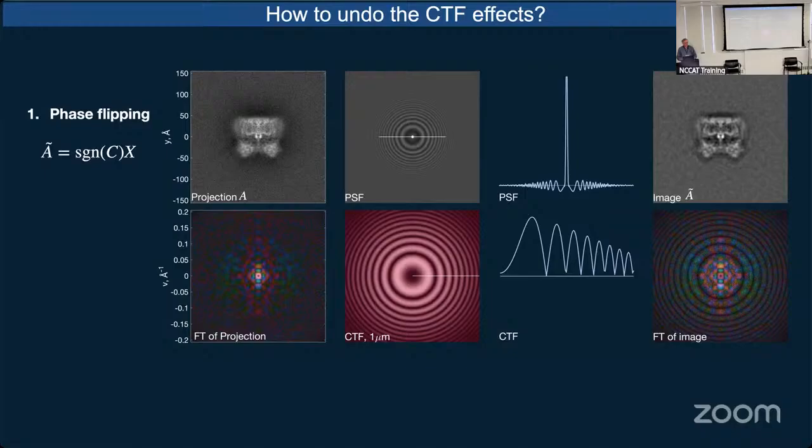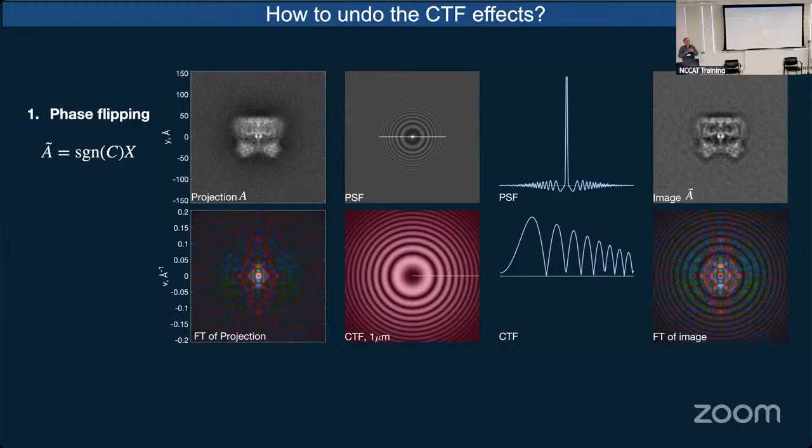The way we do it is we take the original micrograph, take its Fourier transform, and then we know what the CTF is. So we know when the CTF is positive and when it's negative. So then we multiply it so that every time the CTF is negative, we flip the sign.